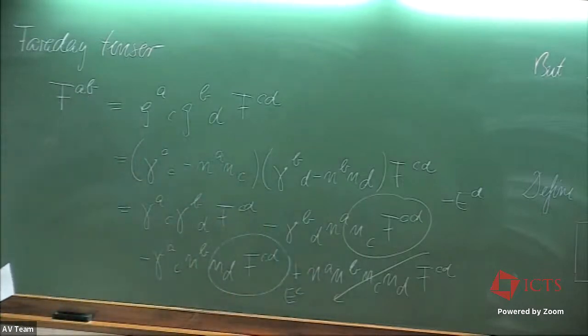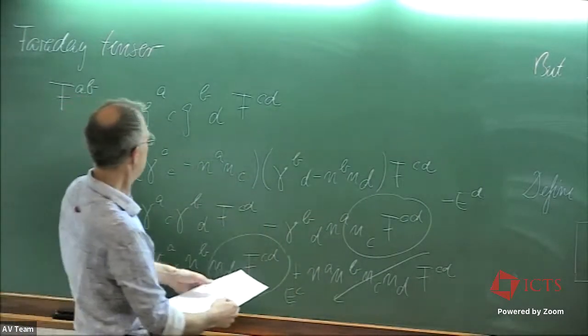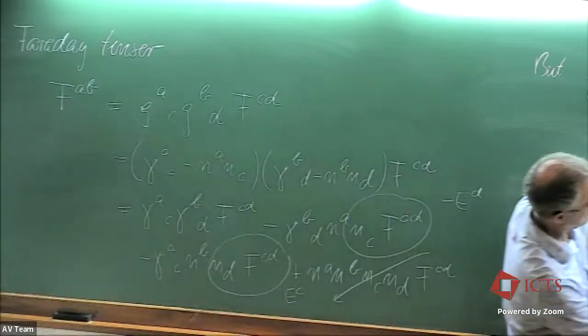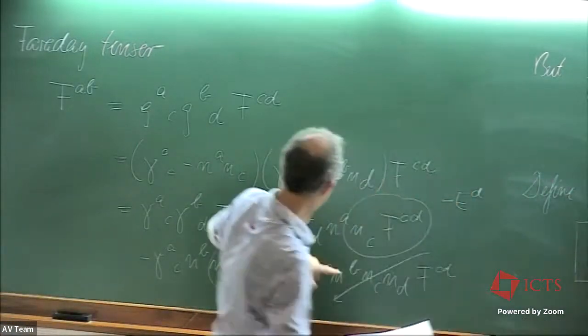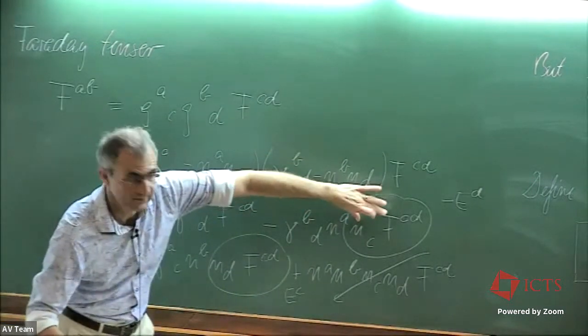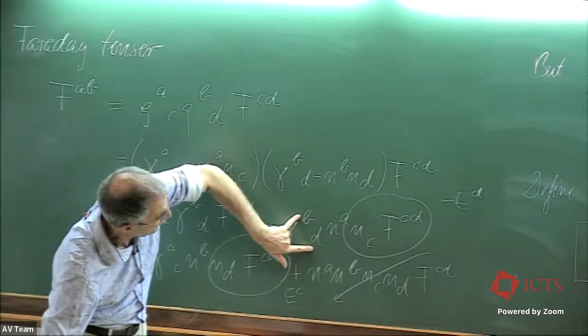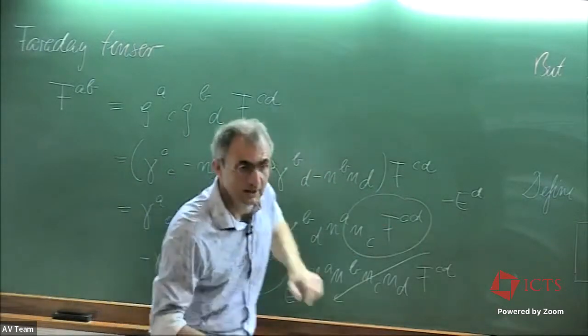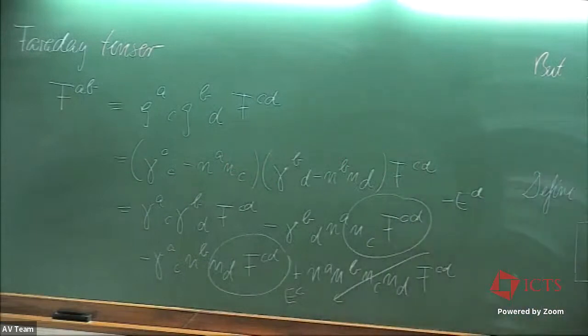So basically now I write this first term in terms of the spatial covariant derivatives, and the last two terms I can write simply as the normal vector times the electric field. And really it's the spatial projection of the electric field, but the electric field is spatial already, so we can just ignore the projection.